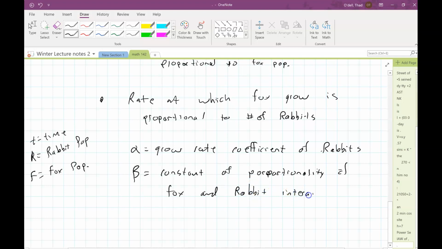So in other words, it's a constant that's going to tell us the success rate of fox eating rabbits.